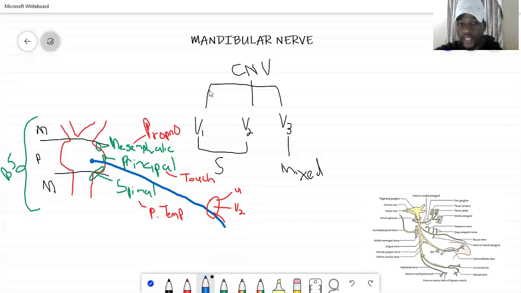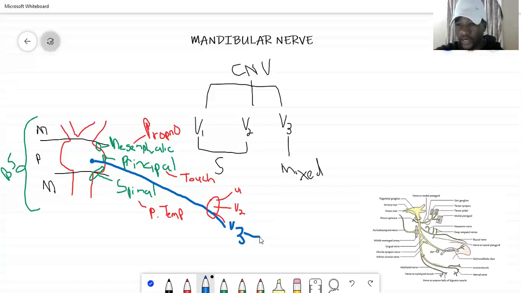So when we are saying that the trigeminal nerve number 5 is mixed, yes, it is mixed, but to be specific, the mixed part is the mandibular division, right? The first and the second ones, which are the ophthalmic and the maxillary, are mainly sensory. Are we clear, guys?